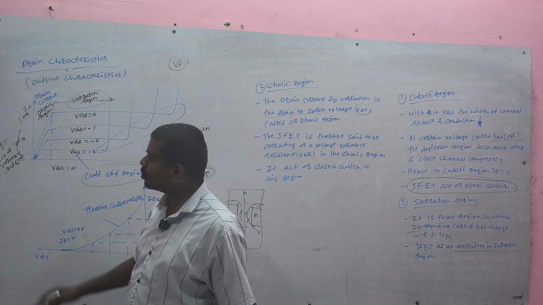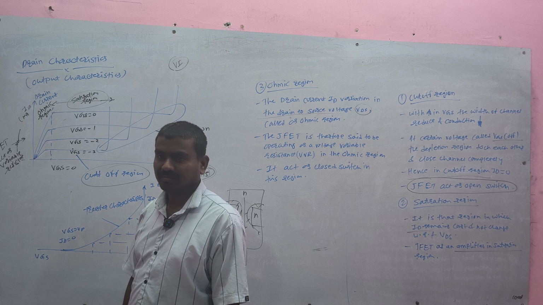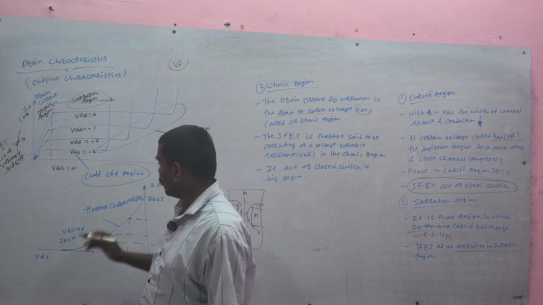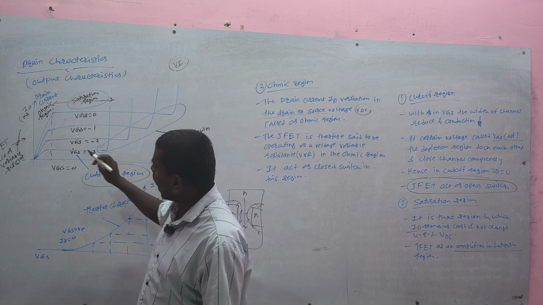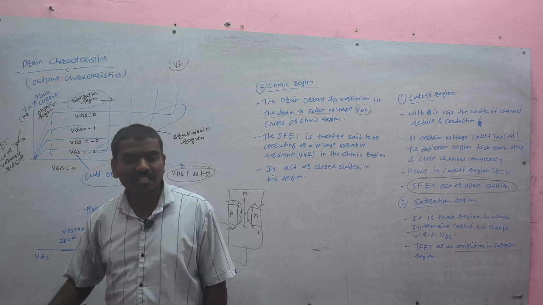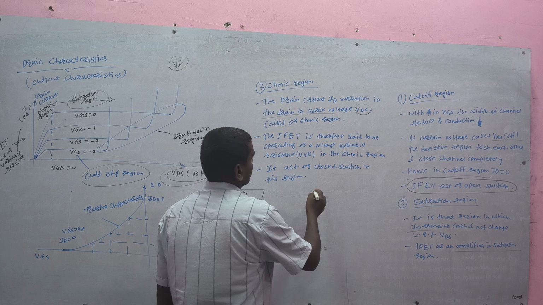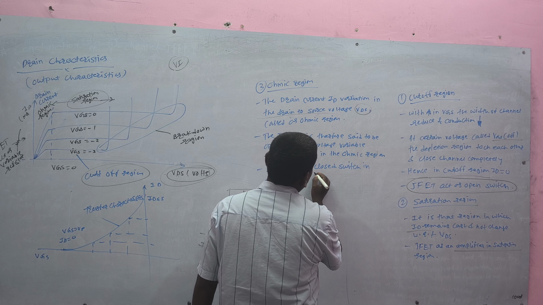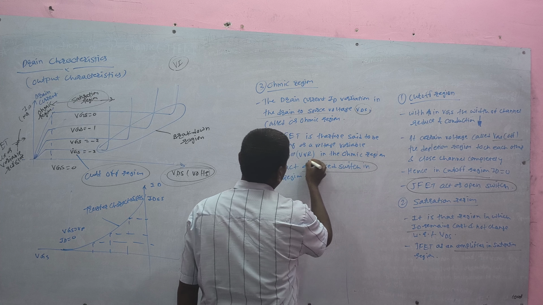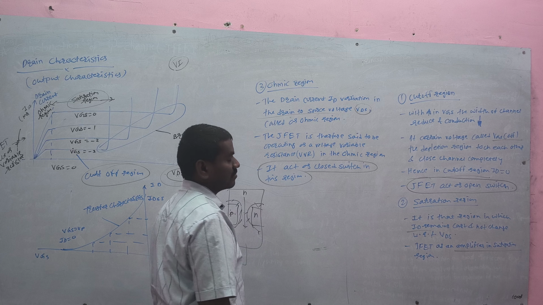That region is known as the ohmic region. When VDS changes, ID changes, and so it acts as a closed switch.